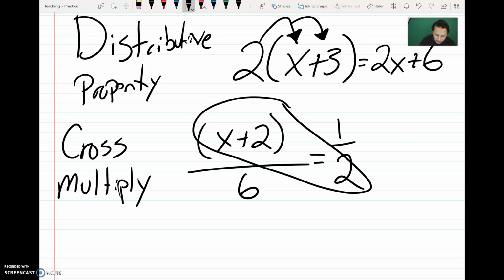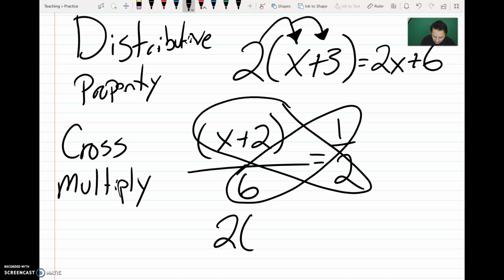We get the numerator times the denominator on one side, and the denominator times the numerator on the other side, right? This is going to end up looking like 2 open parentheses, x plus 2, close parentheses, is equal to 6 times 1, which is just 6. And there you go. You can see that we have the distributive property again.